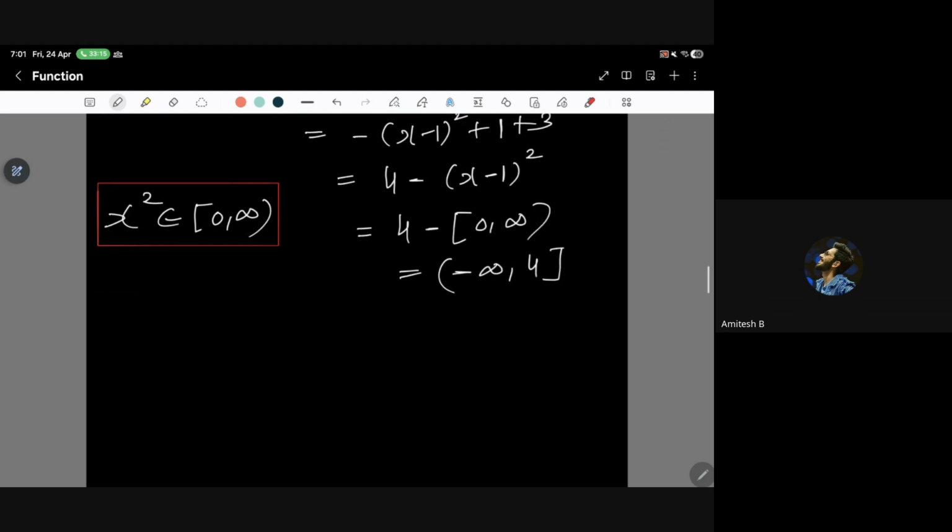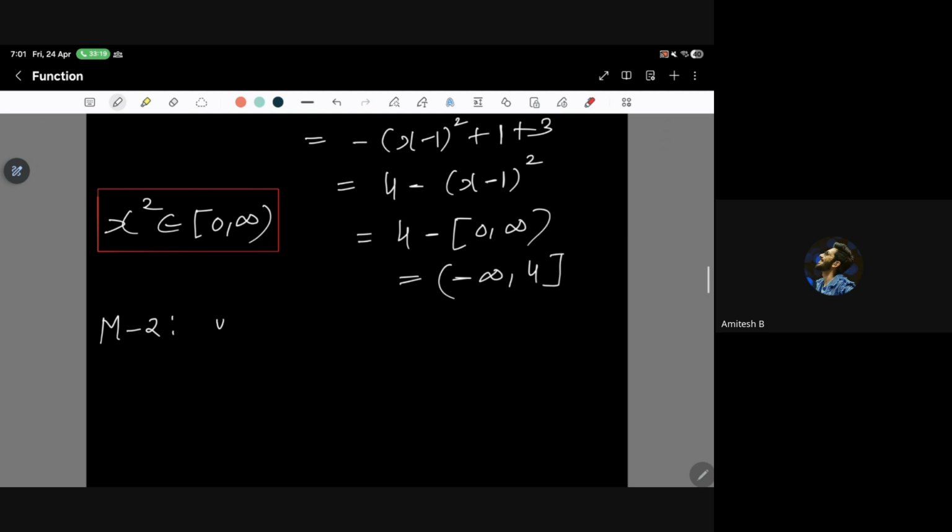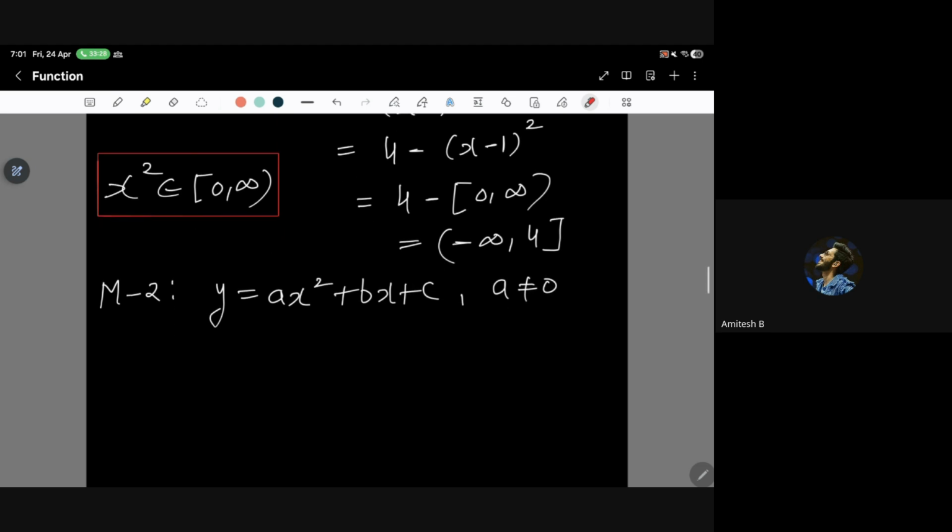Method 2. So if I'm talking about the general quadratic, if a is positive, what is the shape of the quadratic? Upward parabola or downward parabola? Sir, upward. Upward parabola.